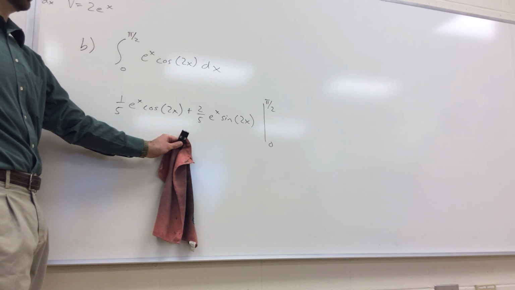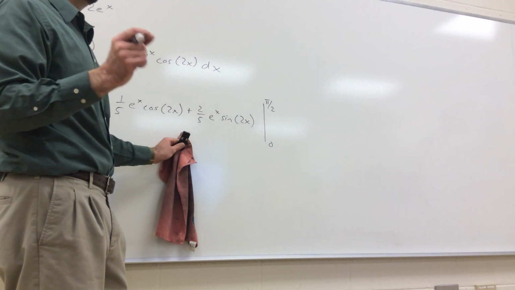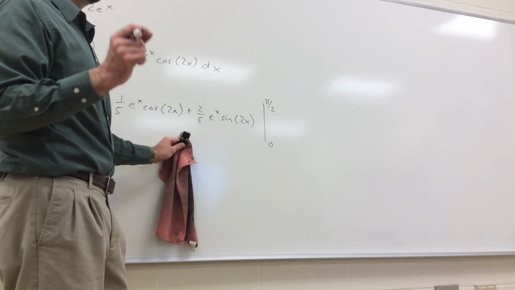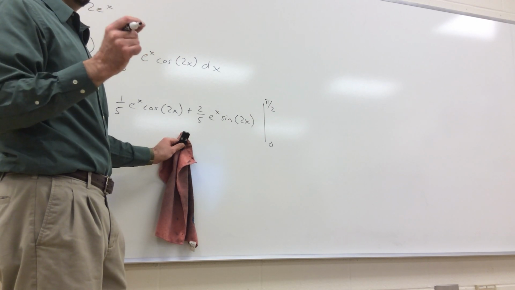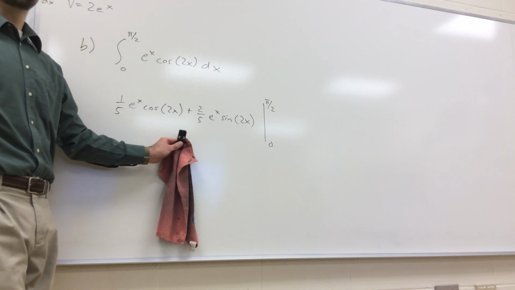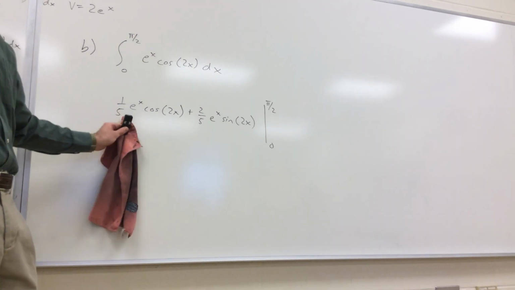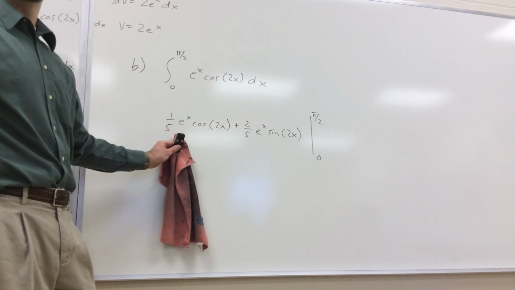Seem concerned, Carter. Remember, the fundamental theorem says that I can use any antiderivative that I want. So I'm using the one where the c is 0. Okay, so then you plug in the pi over 2 and the 0 and subtract.